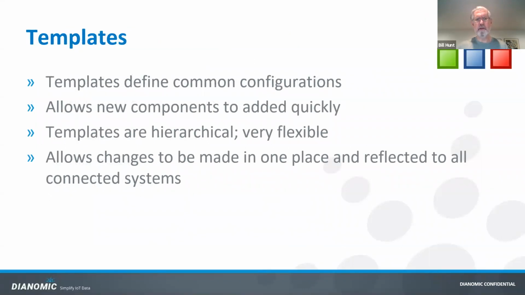There's a concept of templates in FogMAN. Templates are the idea that you can set up a configuration once and then roll it out to multiple places. And the templates are hierarchical, so you could define the definition of, say, a pump, and then you could have a child template that's, say, a pump in San Diego, and a peer that's a pump in Houston, and then if you deploy a new pump in Houston, you can leverage the templates that already exist.